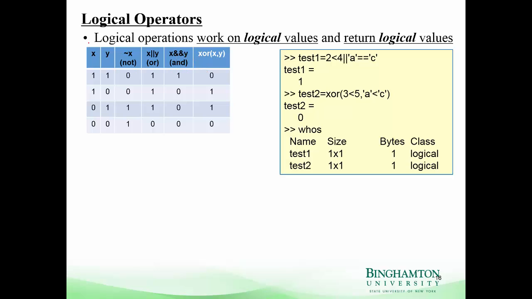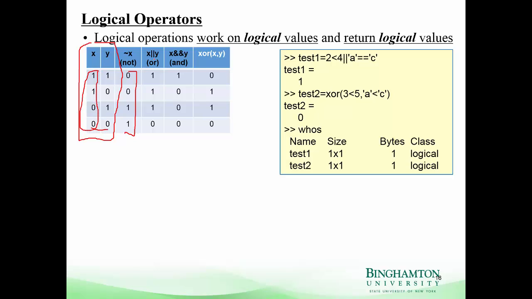So here are our two variables, x and y. And we're just going through a truth table. I happen to start with 1, 1 and go down to 0, 0, so the reverse of what you might be familiar with from a standard logic table. So not x is just reversing what we had for x.